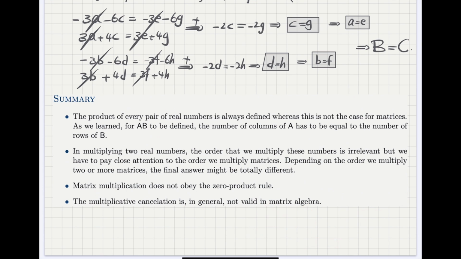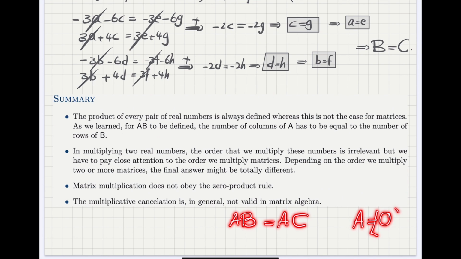But the multiplicative cancellation law in general is not valid when it comes to matrix multiplication. In principle, if I know matrix A multiplied by B is equal to matrix A multiplied by C, even if I know that matrix A is not the zero matrix, still I am not allowed to cancel A from both sides and conclude that B is equal to C.